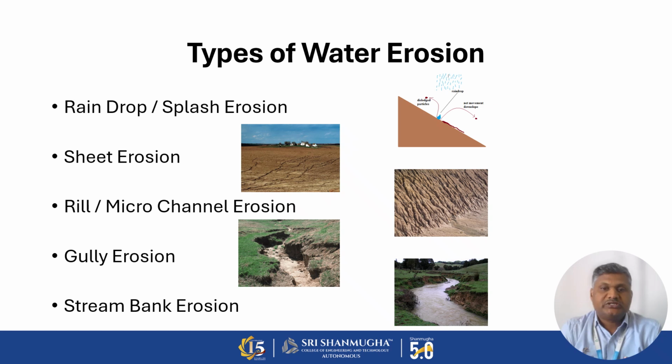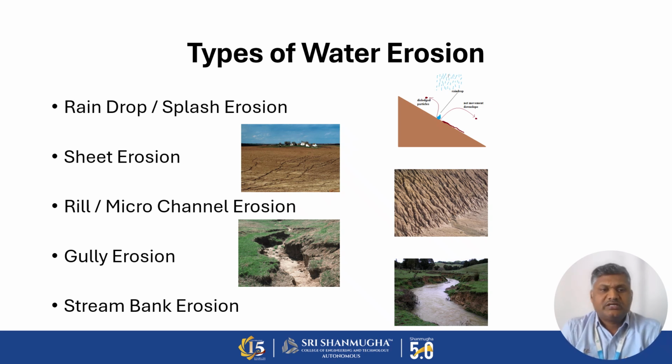As I already mentioned, on higher slopes the soil particles move a short distance, and on lower slopes the soil particles move longer distances by the raindrops. It is called splash erosion because when the rain hits the soil, the particles are splashed.